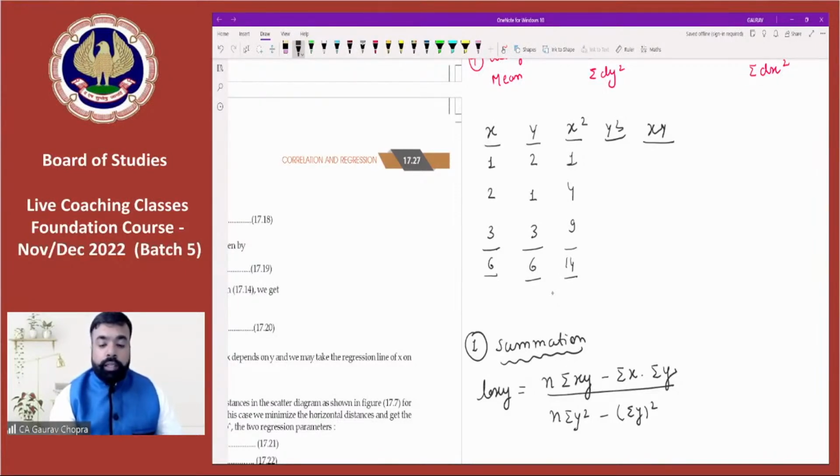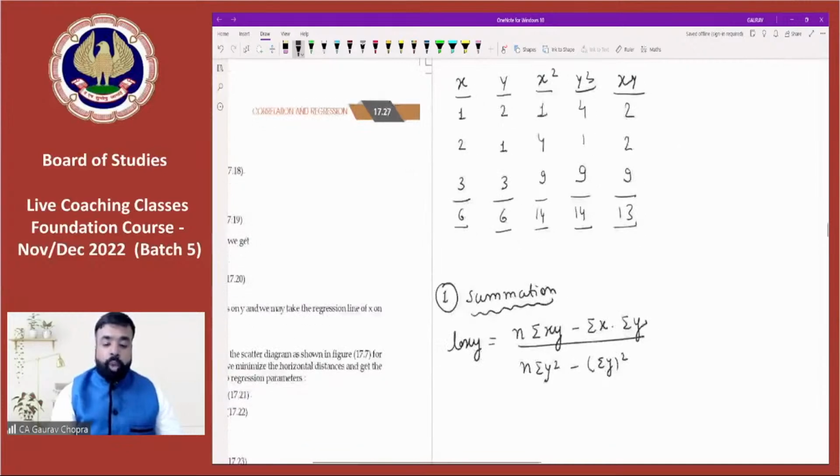Y square is 4, 1, and 9, total is 14. Now xy: 1 into 2 is 2, 2 into 1 is again 2, and 3 into 3 is 9. The total is 13. So we have computed all the values.